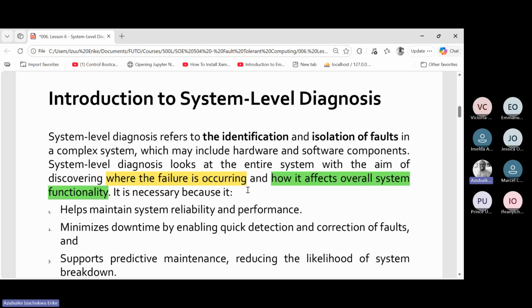It will give us understanding to be able to separate and say, okay, this is what is happening to this system at this point in time. So at this level, it is very necessary to be able to pinpoint this because it will help us to maintain system reliability and performance.